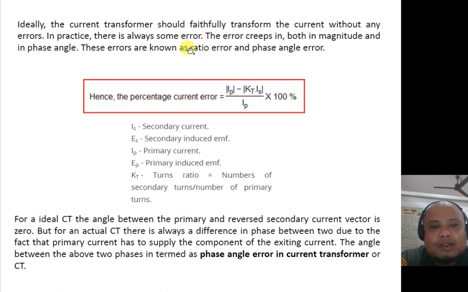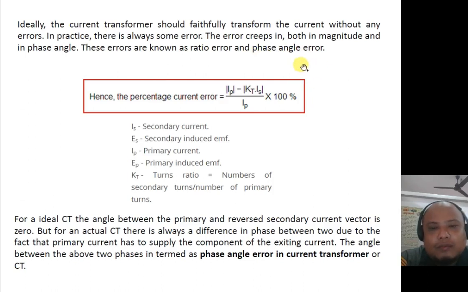But due to this ratio error, it is not so. So that is ratio error in the magnitude of the ratio of primary and secondary current. And phase angle error appears when the primary current and the secondary current, which ideally in a transformer should be 180 degree out of phase, are not.